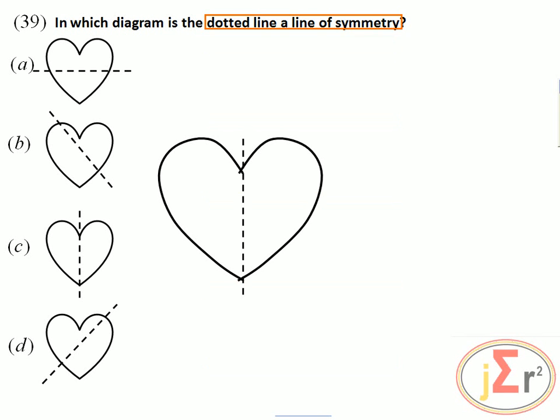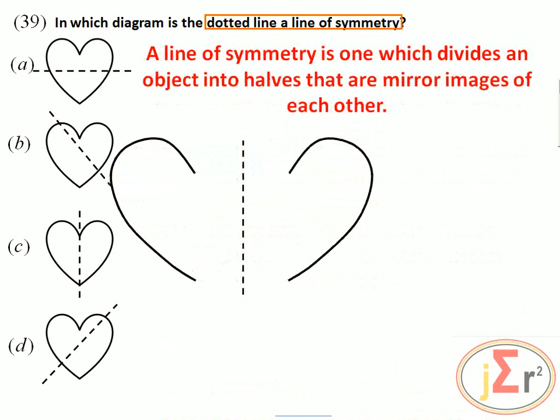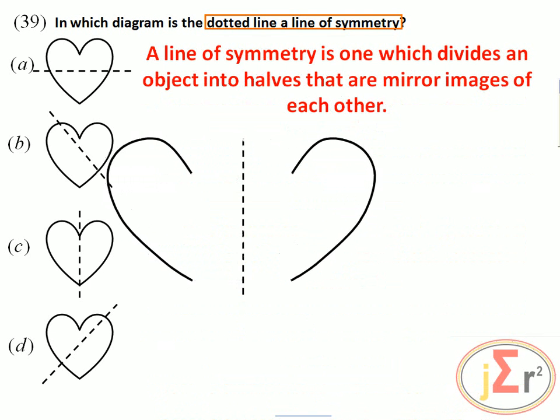A line of symmetry is one which divides an object into halves that are mirror images of each other. So if it is a line of symmetry, it will divide the object into halves that are mirror images of each other.